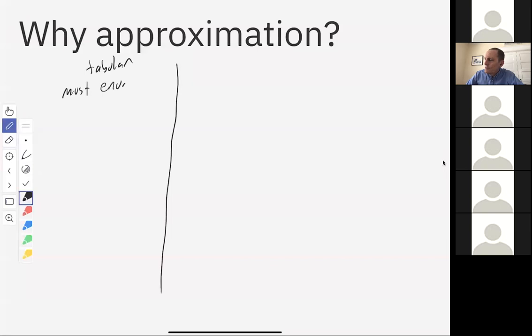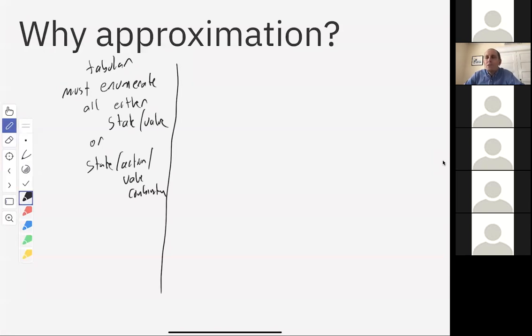Yeah, so depending on whether we're doing state values or action values, we have to enumerate all the state value combinations or state action value combinations, right? And if it's too large, as you say, then we're not going to be able to do that.